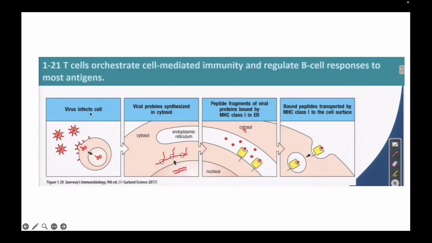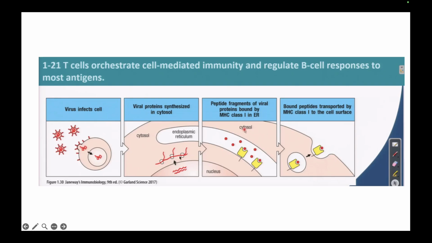Okay. So the T cells orchestrate cell mediated immunity and regulate B cell response to most antigens. Here you can see a viral infected cell. The virus releases its genetic content into the cell, and with the help of that, inside the cytosol the transcription and translation will start.